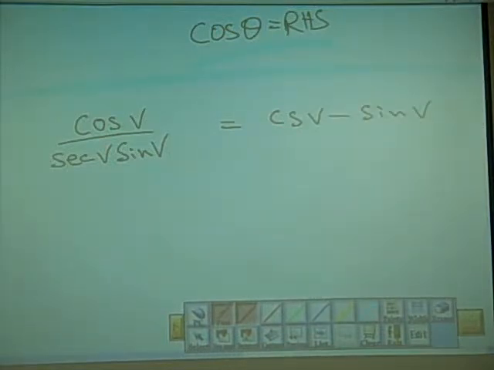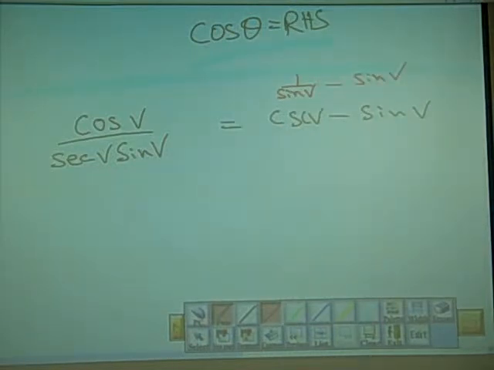Now here, it helps to know what the second to last step is. If I took cosecant v, I know that cosecant is the reciprocal of sine. So this would be 1 over sine v minus sine v.